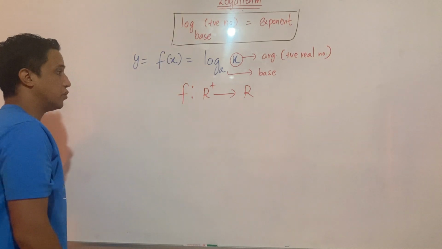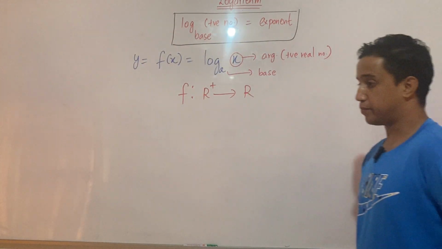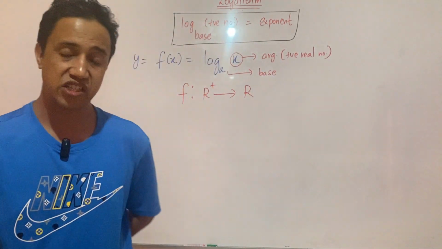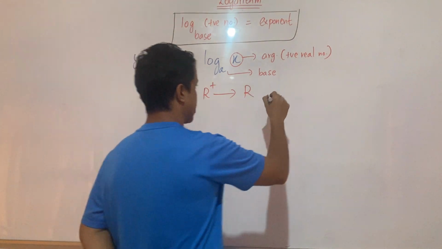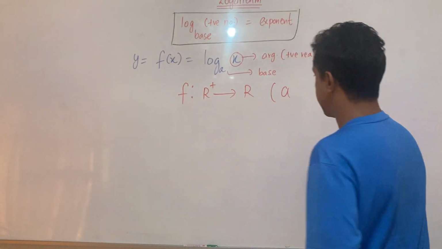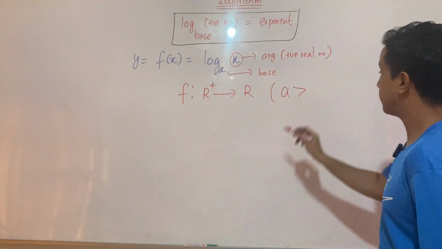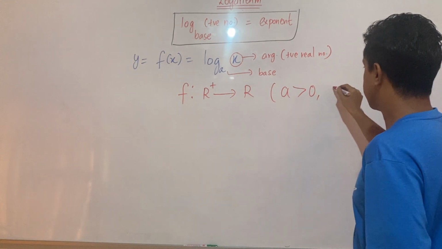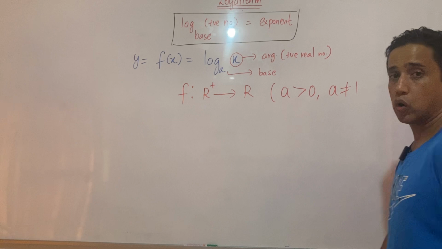Okay, so when we define the logarithmic function, there are certain conditions that are put, which say that our base a must be greater than 0, and it must not be equal to 1.